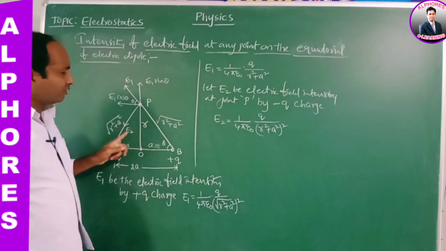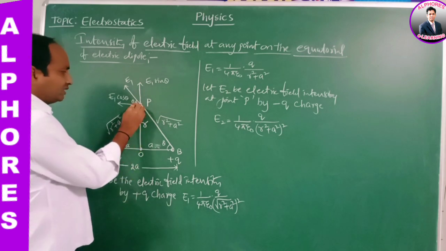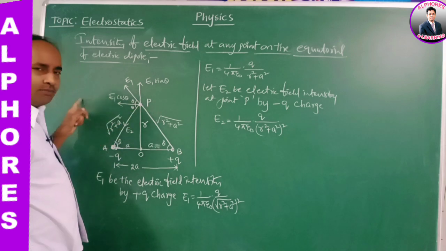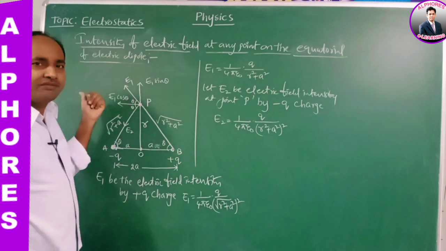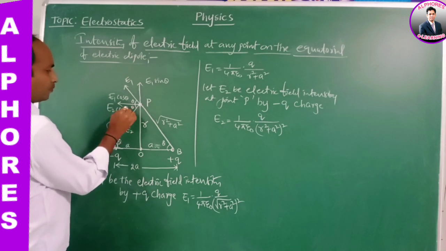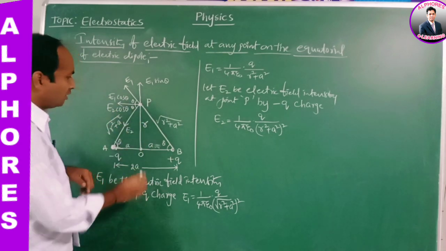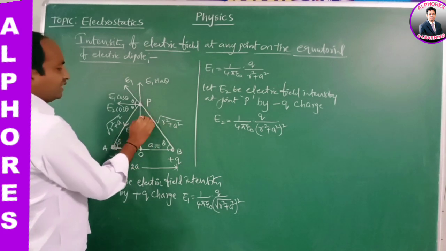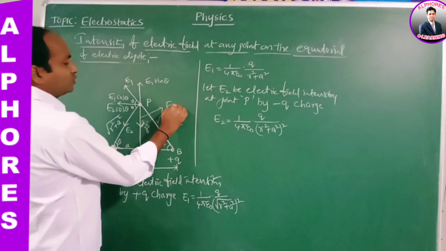Similarly, resolve E2 also into components. Now it is also at an angle theta. What is the horizontal component? Same in the direction of E1, so this is E2 cos theta. But what about the vertical component? The vertical component is opposite to E1 sin theta. This is the direction of E2 sin theta.